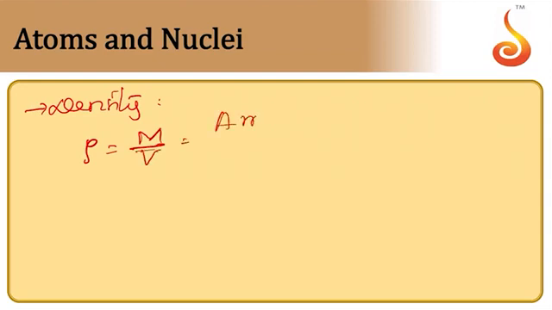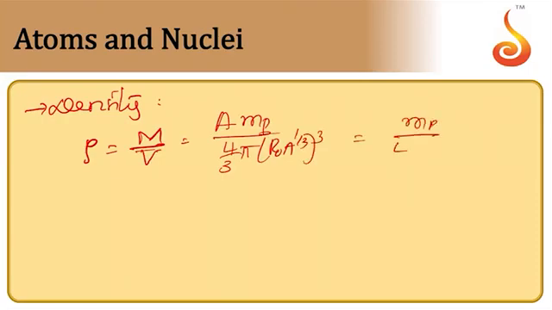So I can write A into mass of proton divided by 4 by 3 pi R naught into A to the power of 1 by 3 cube, and this simplifies to MP divided by 4 by 3 pi R naught cube. And this is approximately equal to 10 to the power of 17 kg per cubic meter. That's the average density of a nucleus.